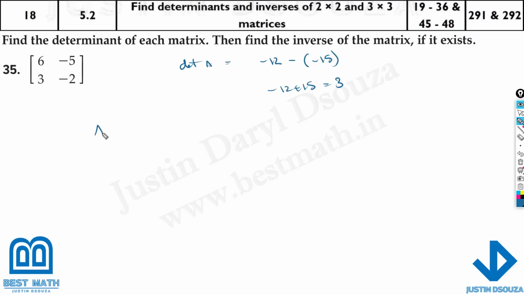Your determinant is 3, so the inverse will be 1 by 3 times the swaps: minus 2, 6, 5 and minus 3. So the answer is minus 2 by 3, positive 5 by 3, minus 1 and 2. Why? Because you multiply here, minus 2 by 3, 5 by 3, minus 3 divided by 3 is minus 1 and 6 divided by 3 is 2.